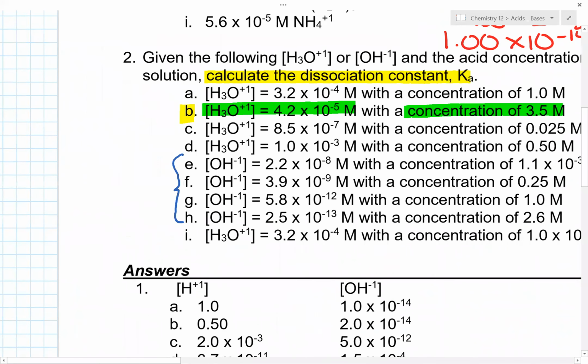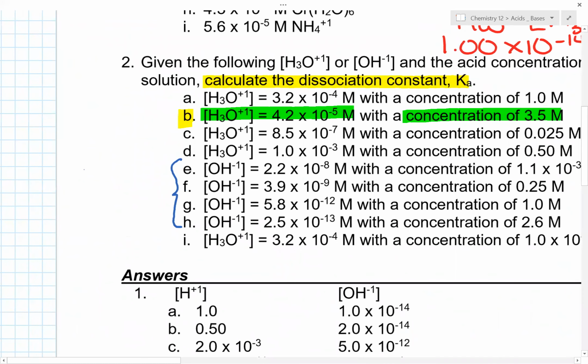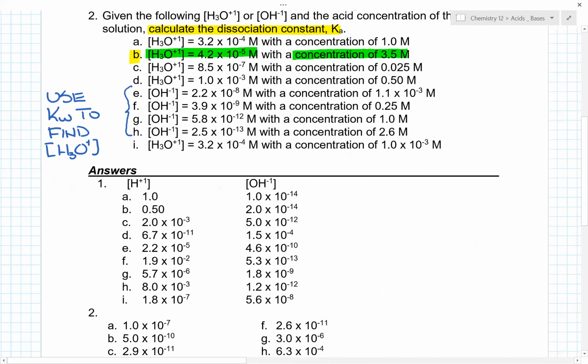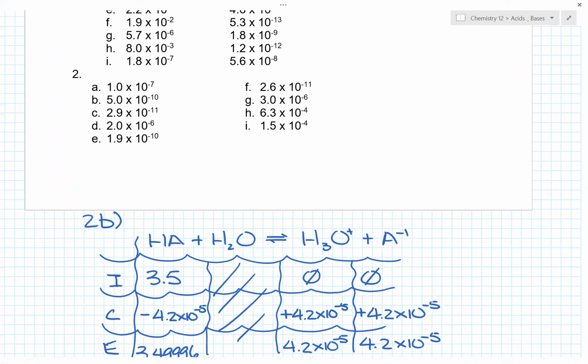So how can you rectify the situation? So here you can use Kw to find the concentration of H3O plus. Once you do that, then everything else looks very similar to the question we had down here.